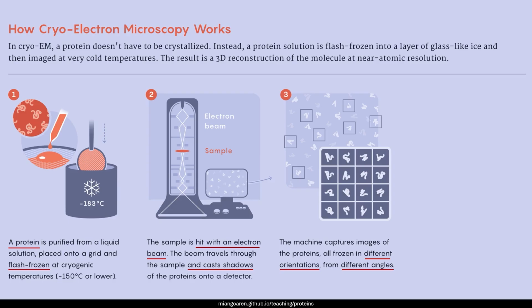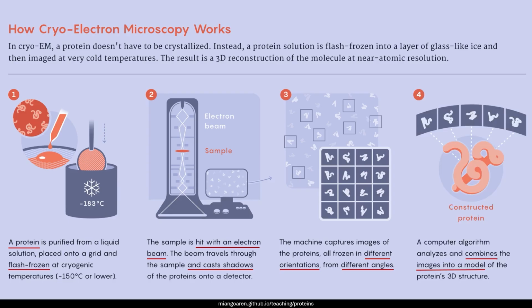And it is from these images of these particular shadows, let's call them that, that you can combine all this information and then reach a consensus of what the atomic location would be of all the residues of the protein.